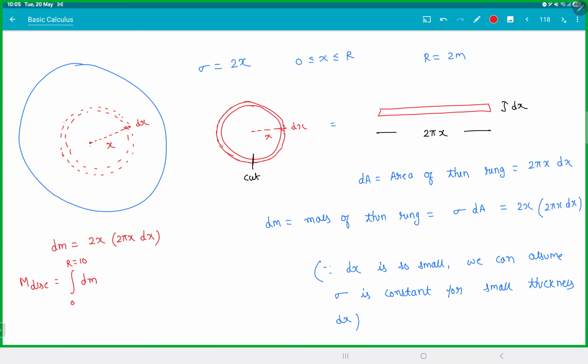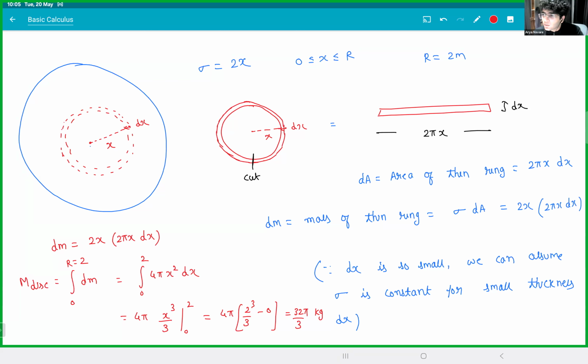R's value is 2. So this will be integral from 0 to 2 of 4 pi x square dx. 4 pi will come out. The integral of x square dx is x cube by 3, x power n plus 1 by n plus 1. Substitute the values here. 4 pi times 2 cube by 3 minus 0. 2 cube will be how much? 8. 8 fours, 32 pi by 3 kgs.